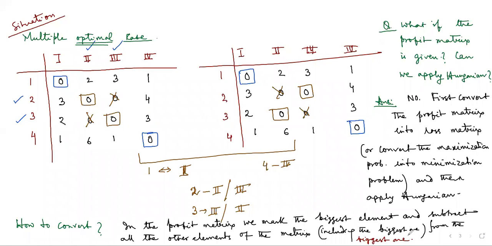If you do so, your profit matrix will be reduced to a loss matrix, and then you can apply the Hungarian method to the given problem.